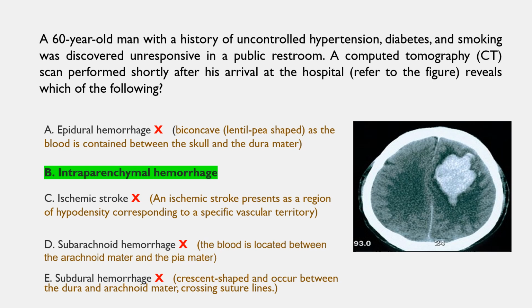D is incorrect because in subarachnoid hemorrhage, the blood is located between the arachnoid mater and the pia mater. E is incorrect because in subdural hemorrhage, it's crescent-shaped and occurs between the dura and arachnoid mater, crossing suture lines.